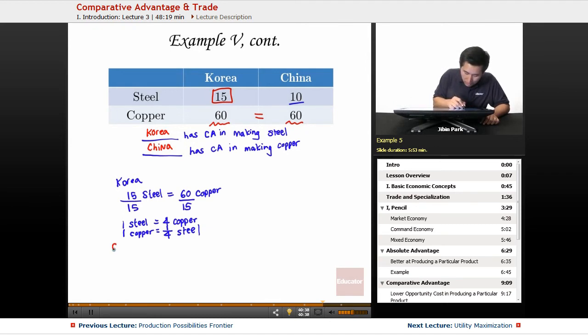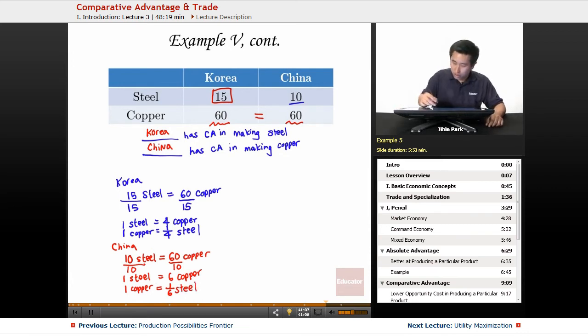And take a look at China here. This here is 10 steel equals 60 copper. And divide by 10, and you get 1 steel equals 6 copper. And find the reciprocal here, so 1 copper equals 1 over 6 steel.